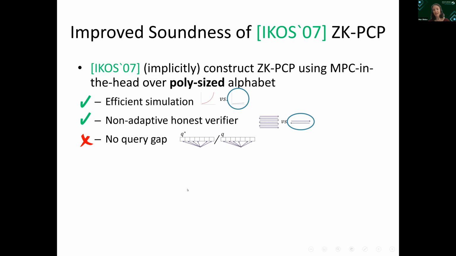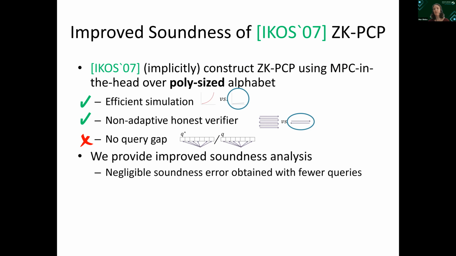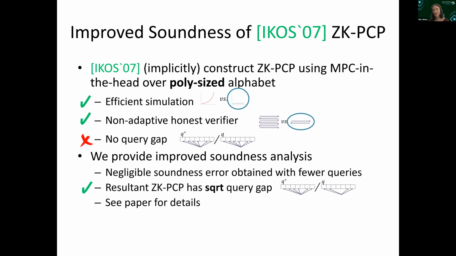The main drawback of this construction is that there is no query gap. To get soundness, the honest verifier has to make as many queries as the malicious verifier. What we do is give an improved soundness analysis showing that you can get a negligible soundness error with fewer queries, specifically with a square root number of queries.